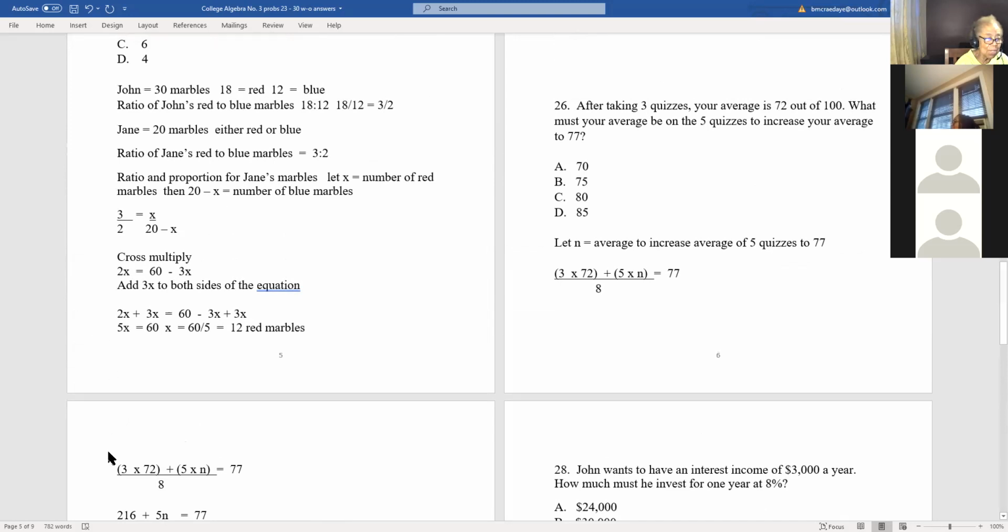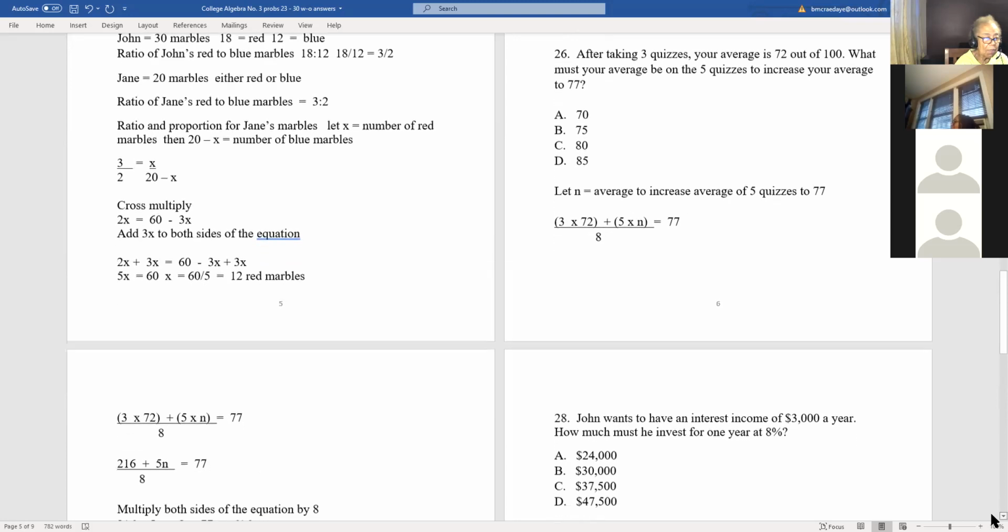That's why we said 3 times 72. And then for the 5 quizzes, they increase the average to 77. That's 5 times some value that's going to make this average 77. But since we're dealing with 3 quizzes here and 5 here, the total is going to be 8. So we got the 8.